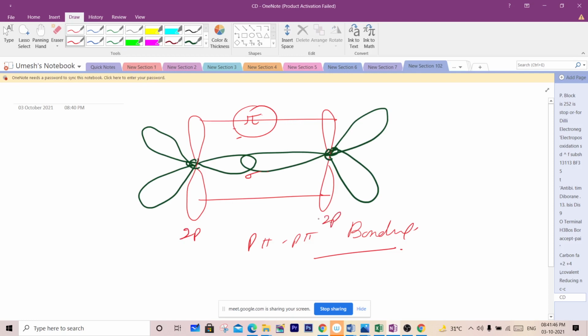In other elements, there will be 3p or 4p. They're bigger in size, so effective side overlapping is not possible. That is why they can't make p pi bonding. Hopefully, it's all clear.